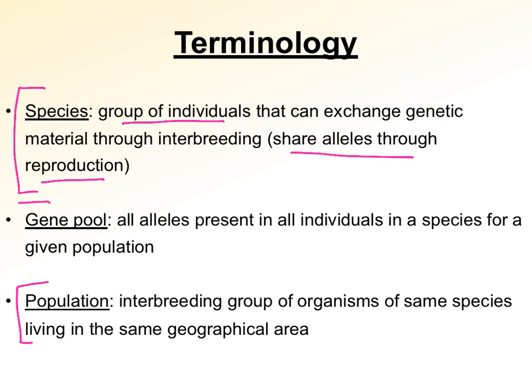And then a gene pool refers to all of the alleles that are present in all of the individuals in a species for a given population. So let's say we're looking at a population of students at UMass Lowell. If we took all of the alleles of all of those students, that would be the gene pool at UMass Lowell. And we'll look at this again in more detail, but these are terms you should be familiar with.